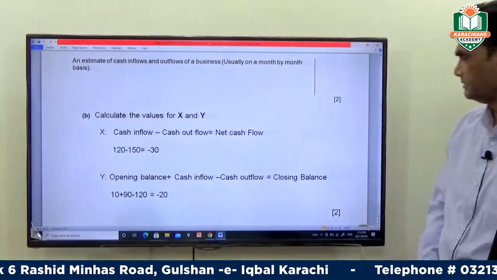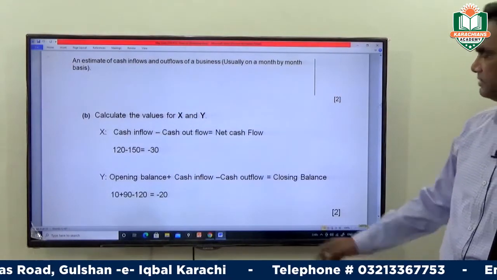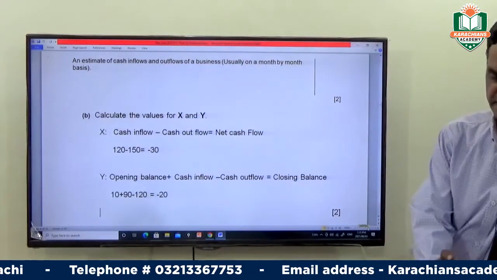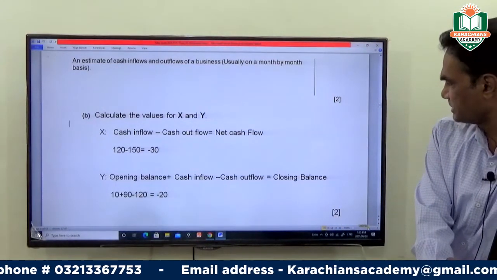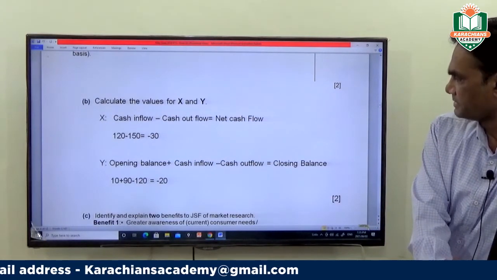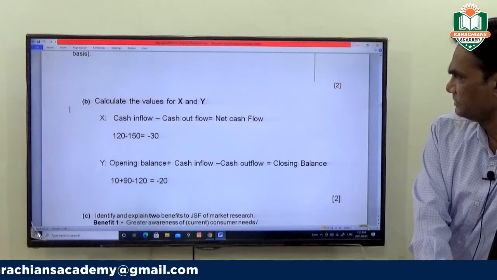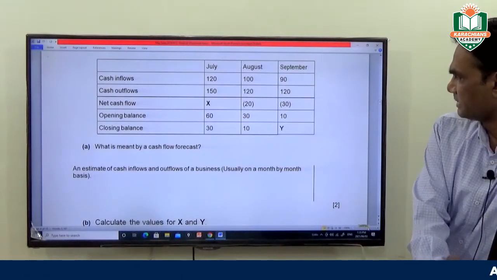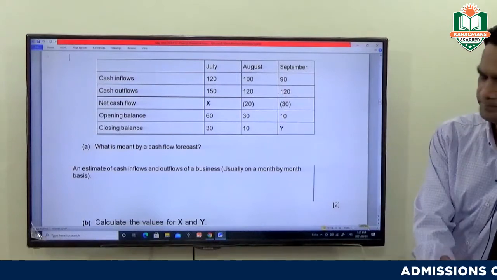When we calculate all these figures, we get minus 20. Minus 20 is the closing balance. This question also carries 2 marks. It's a very easy question. You have to just focus on the table and accordingly calculate the figures.